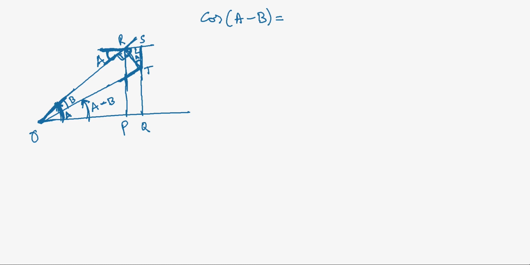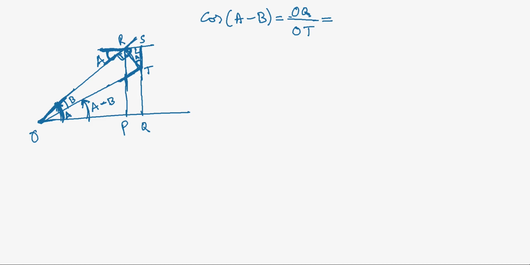Cos(A minus B) will be adjacent by hypotenuse, so it will be OQ by OT. So how to proceed with this? Remember the similar procedure.